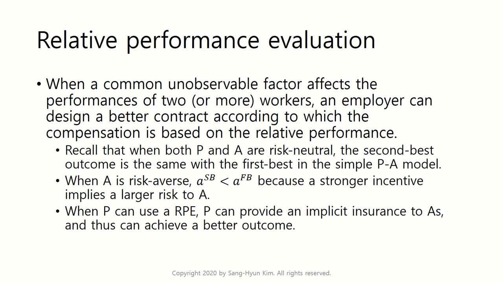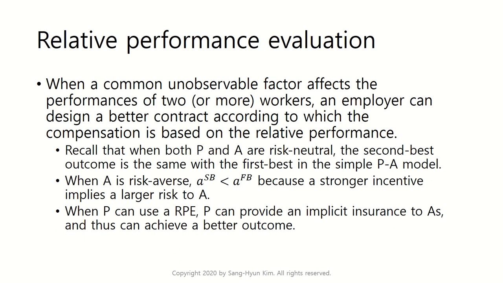And on the more theoretical side, we will have to think about the risk as well. So let's just read what's written in the slide. Okay, so when a common unobservable factor affects the performances of two or more workers, an employer can design a better contract according to which the compensation is based on the relative performance, not the absolute performance.